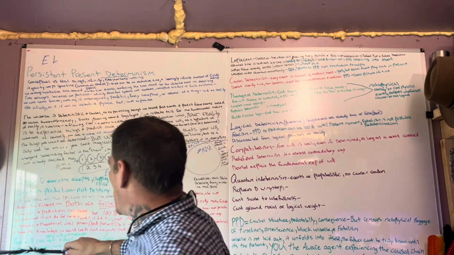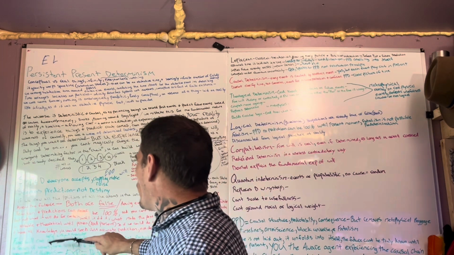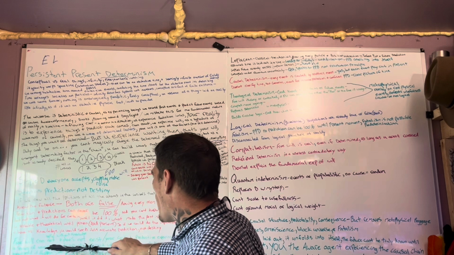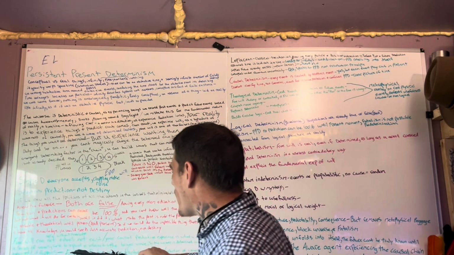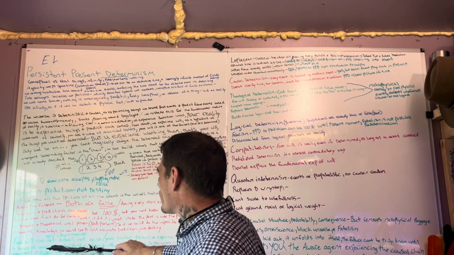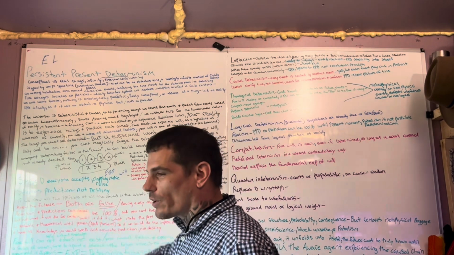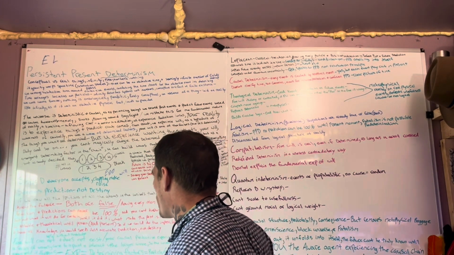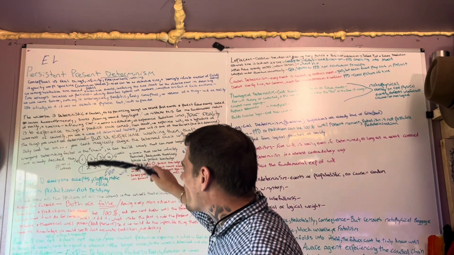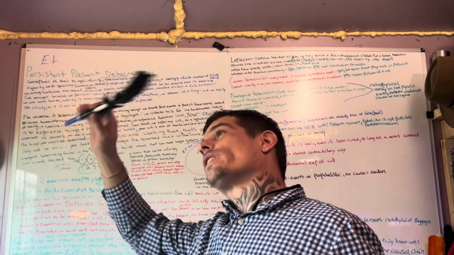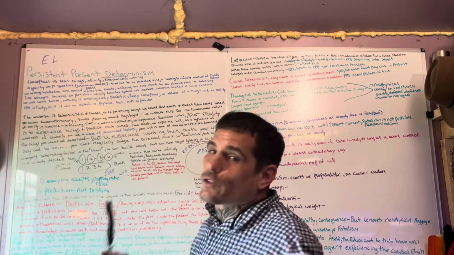Okay. Now, free will cannot exist with or without perfect knowledge. Okay, that's what I was saying. The problem is, if everything's already laid out, then there's no free will. There's no free will.